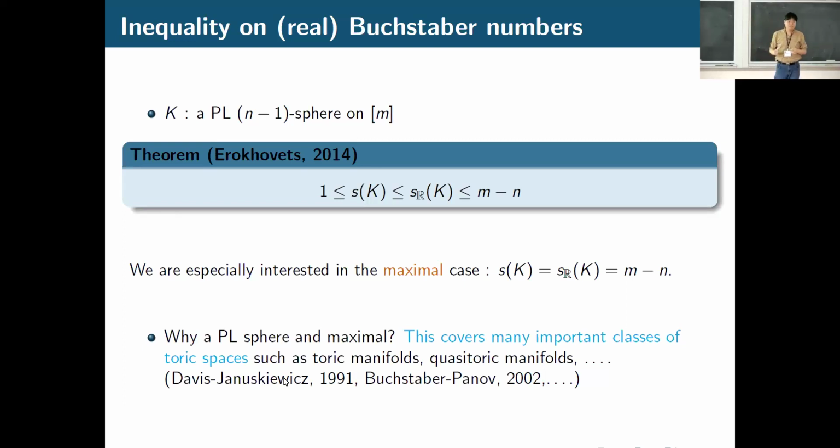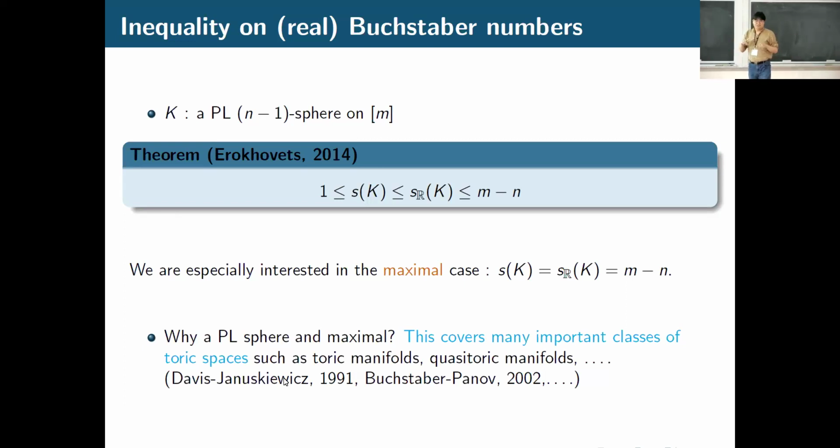Why are we interested in the piecewise linear case and the maximal Buchstaber number case? Because many important classes of toric spaces are covered by these cases. For instance, complete non-singular toric varieties, quasitoric manifolds and topological toric manifolds, or, if you take real cases, small covers and real toric manifolds, are all covered.